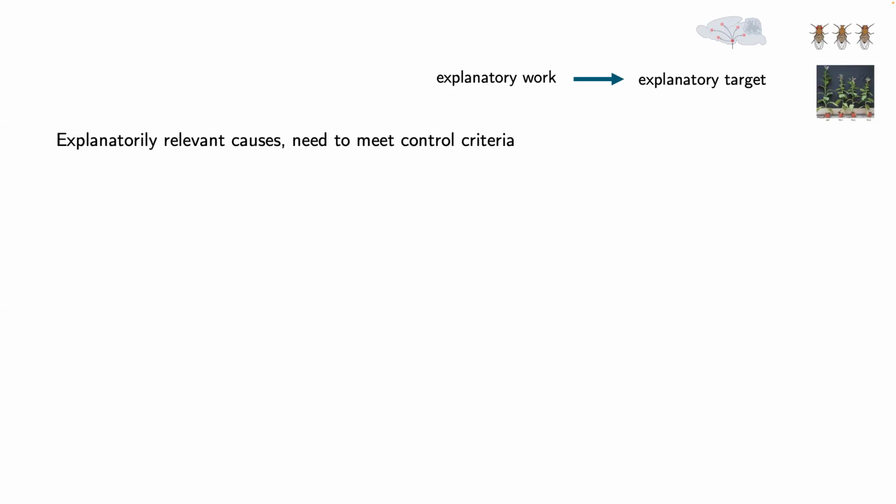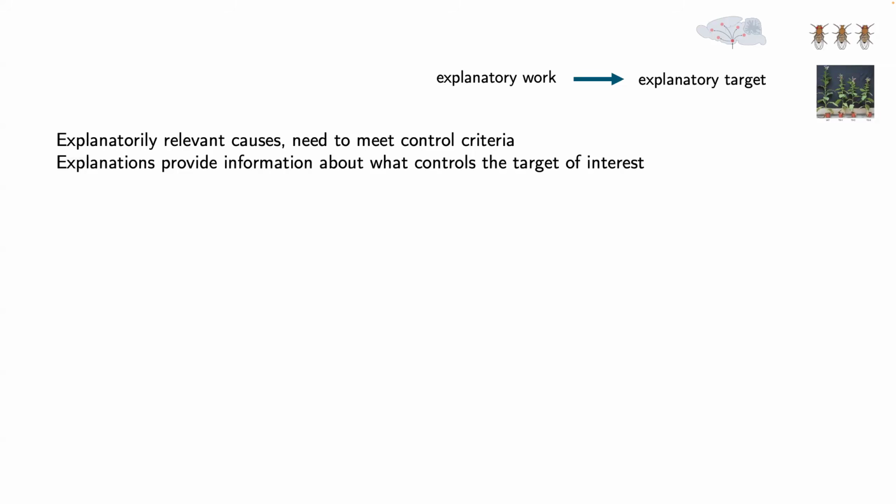So you're not just interested in any kind of cause, you're interested in causes such that if you were to intervene on them, hypothetically, manipulate them, they would change that target. They give you some kind of control over it, and they make a difference to it. What's underlying this is the suggestion that explanations provide information about what controls the target of interest.